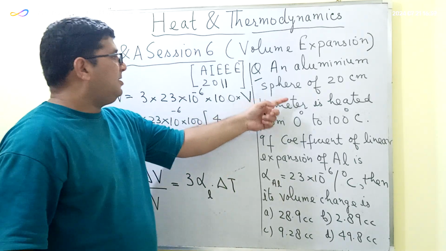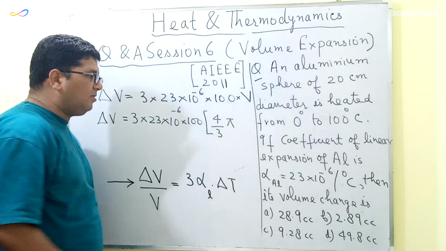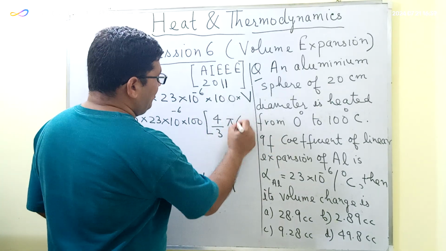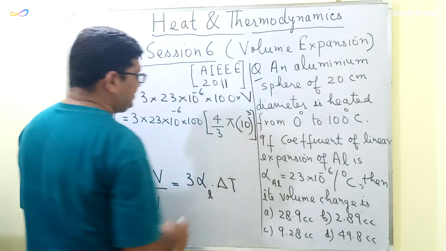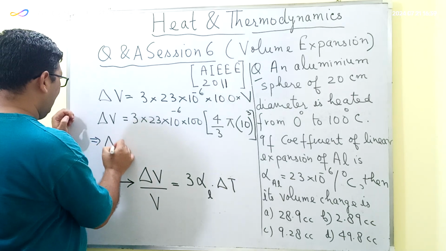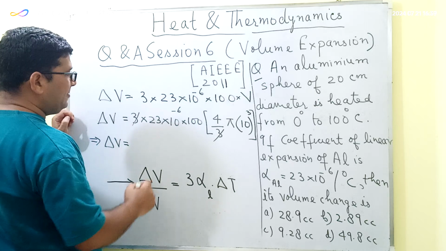Now the diameter of this aluminum sphere is 20 centimeters, so r will be equal to 10 centimeters. So I will be putting the value of r as 10, and so this is the final equation, that is delta V will be equal to, now from here this 3 and 3 will get cancelled out.